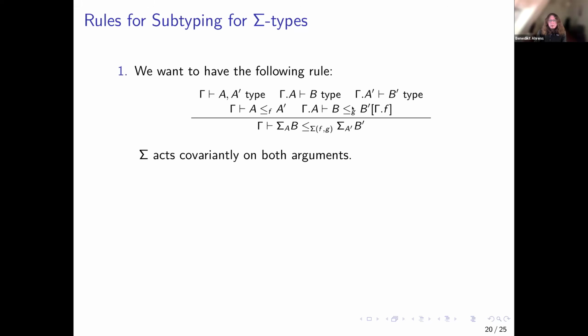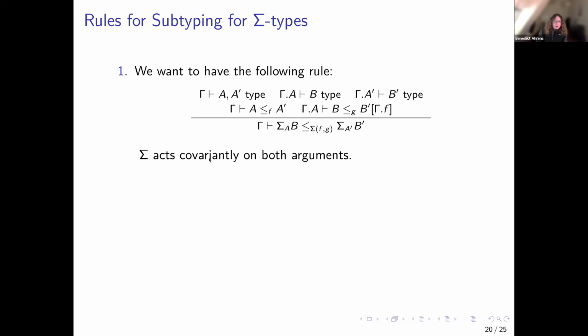So if we have such a pair of subtypings, we want them to produce a subtyping of the sigma types. So we want a coercion from sigma AB to sigma A prime B prime, which we want to call sigma FG. So this is about, in other words, functoriality of sigma.